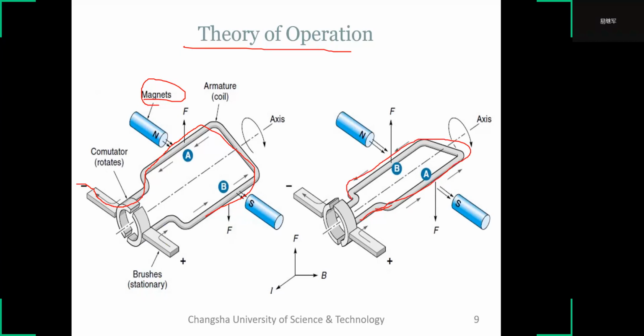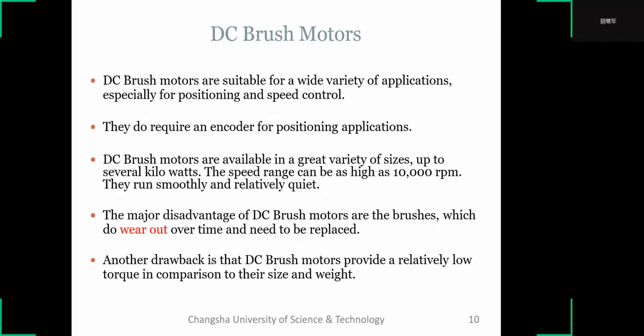So through the brush, the current is changed. This is the series of operations for the DC motor.